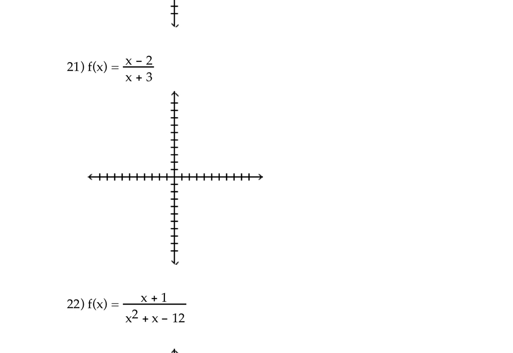Okay, so I'm going to kind of walk you through what we're going to look for here. Okay, vertical asymptote and holes is where I'm going to start. Okay, there is no hole here because you have to have a common factor. Top and bottom have to have the same factor. We do not have the same factor here.